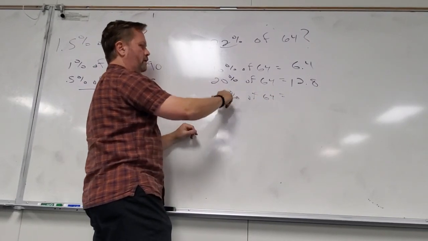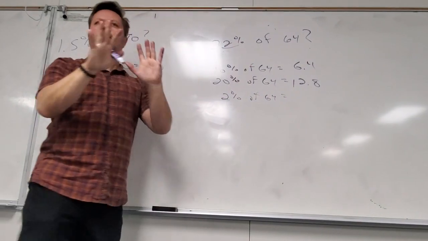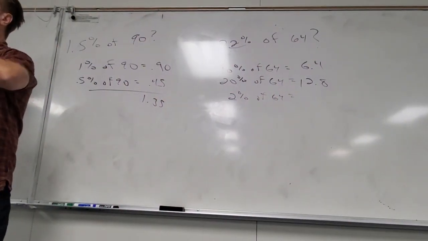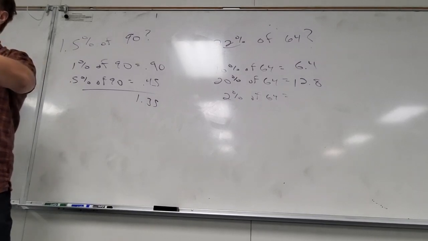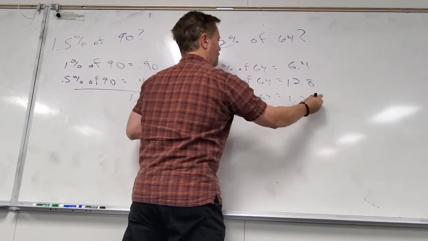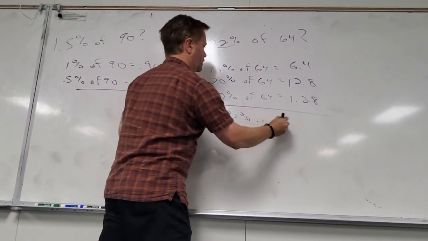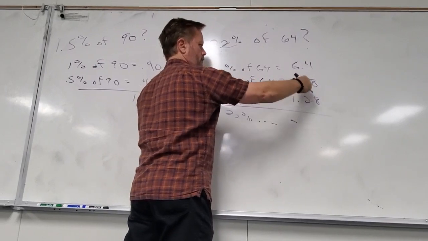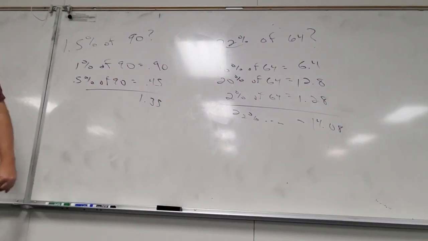Do you see how it's 1/10 of that? If I know 20% of something, I know 2% will be 1/10 of that. So I just moved the decimal back once. So what is 22% of 64? 14.08, I believe. Yeah.